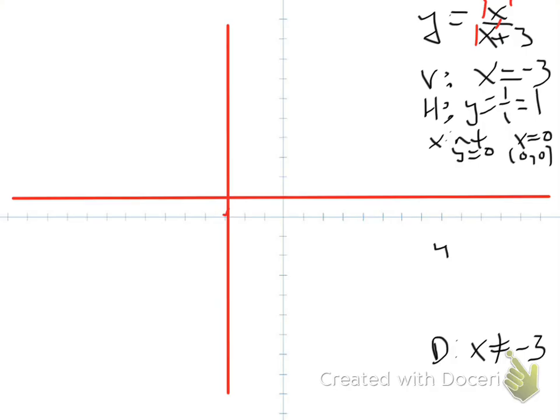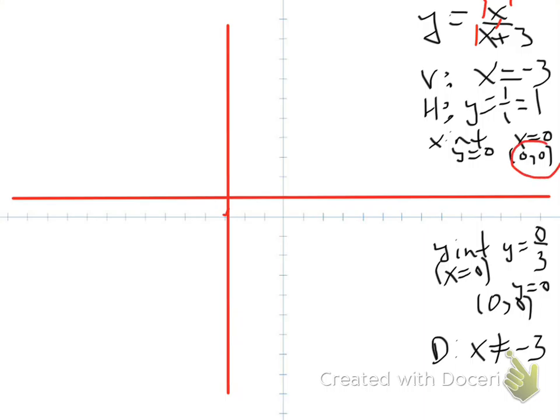The y-intercept, that's when x equals 0. And when x equals 0, I get 0 on top and 3 on the bottom, which is 0. So I get 0, 0. And no surprise, the x-intercept and the y-intercept are the same in this particular case. So I'm going to graph this thing in purple. So the x-intercept and y-intercept is right here.